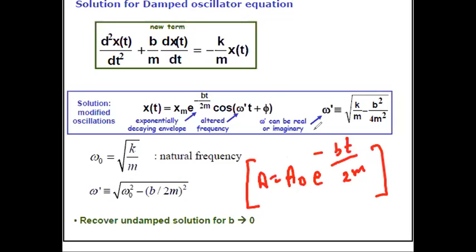They'll ask at what time the amplitude will become A naught by e, or A naught by 2. So you just have to equate and find t. So just remember this formula: amplitude is given by A naught e to the power minus bt by 2m, and omega dash, which is the altered frequency, is root of k by m minus b square by 4m square.